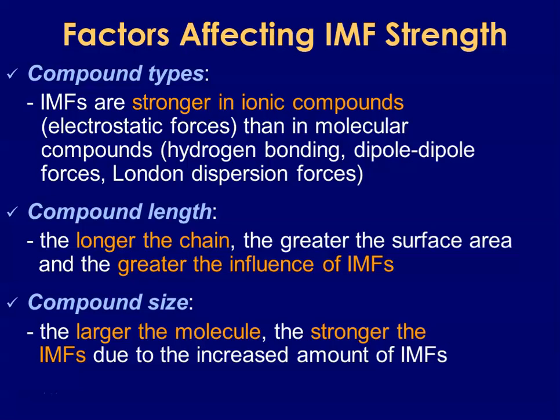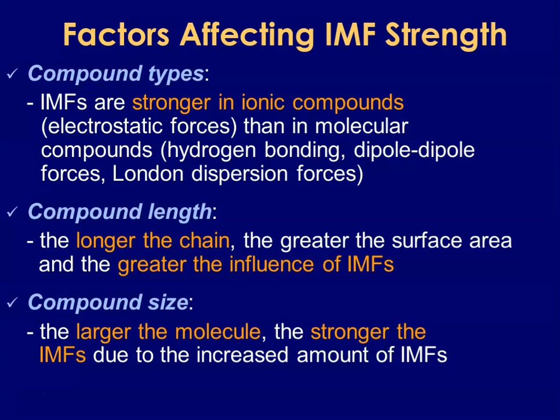So, some factors that affect the strength of your intermolecular forces. The first one is the type of compound. As we just talked about, your ionic compounds have stronger intermolecular forces because of those electrostatic forces, the permanent ions that form from the electrons being transferred, as opposed to your molecular compounds, which could have London dispersion, dipole-dipole, or hydrogen bonding.